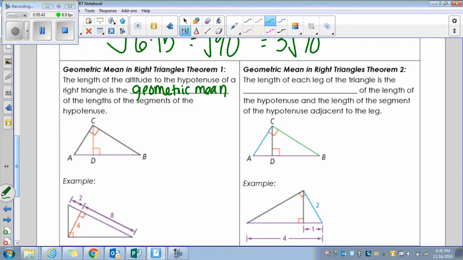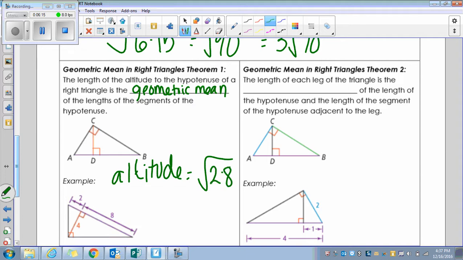So we have my altitude here, which is 4, and we have the 2 lengths that my altitude divided my hypotenuse into. So once I drew in that altitude, it split up the hypotenuse into a section of 2 and a section of 8. So what we can do here is my altitude should be equal to the square root of the broken up hypotenuse, those 2 numbers being multiplied together.